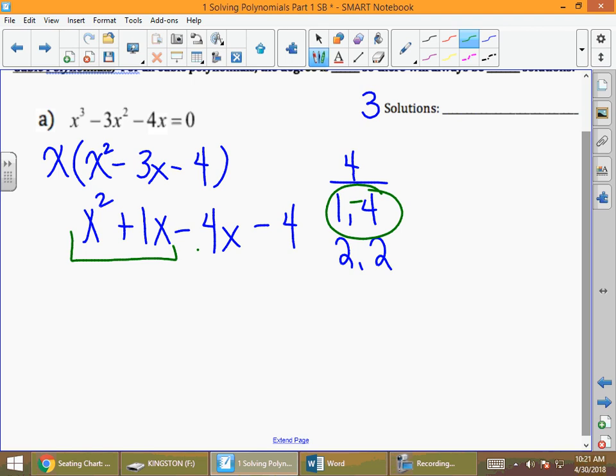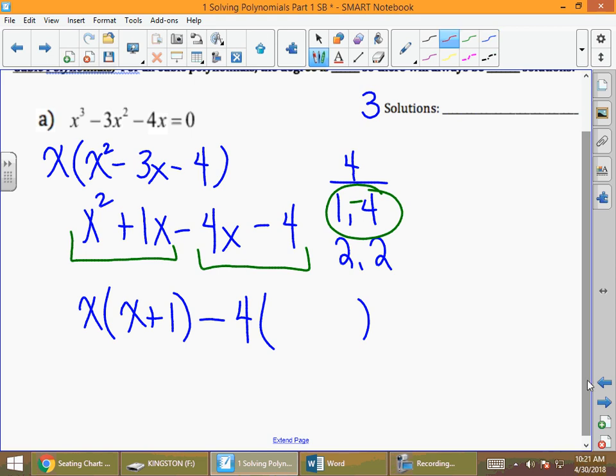Here and here. And when we factor out, we're going to factor out an x. We're going to be left with x plus 1. Over here, our greatest common factor in our second group is a 4. Be careful with that minus in front. But it's negative 4x divided by negative 4, which is x.